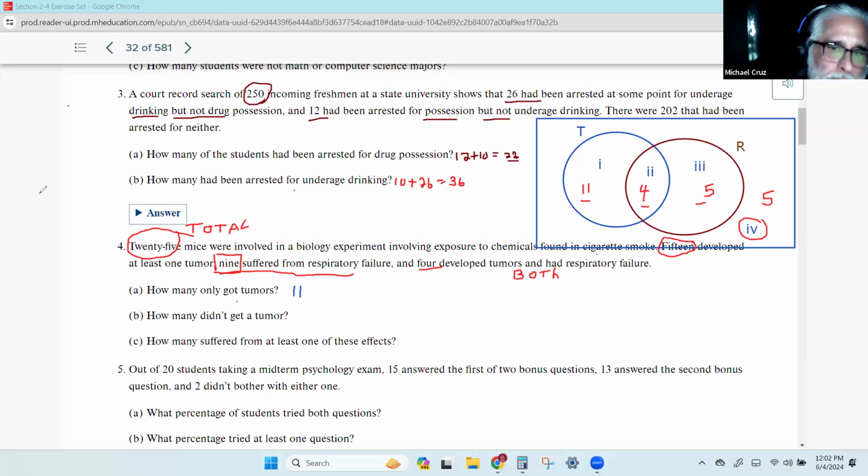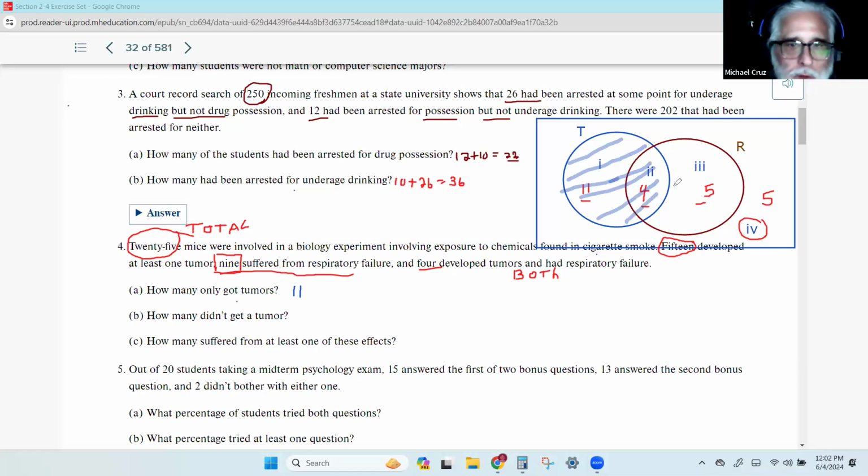Now, to help us, it might be beneficial to fill in because it's asking us about not tumor. So the regions 1 and 2 make up the tumor circle. So which ones are not the tumor? This one and that one. 5 plus 5 is 10.